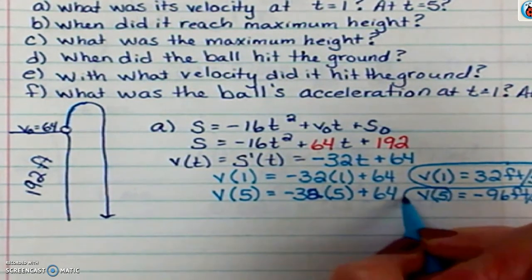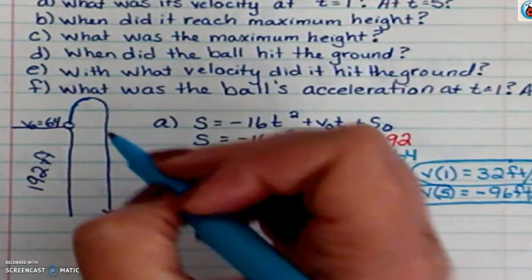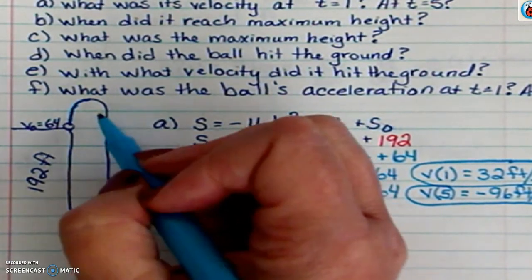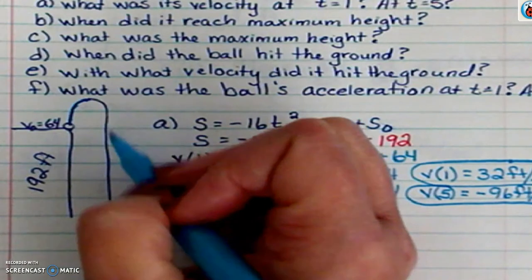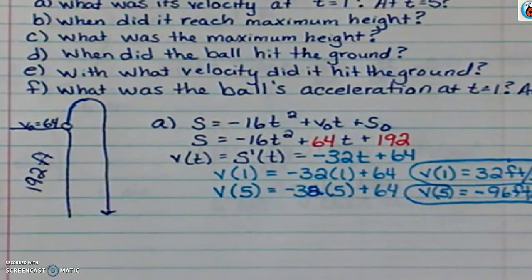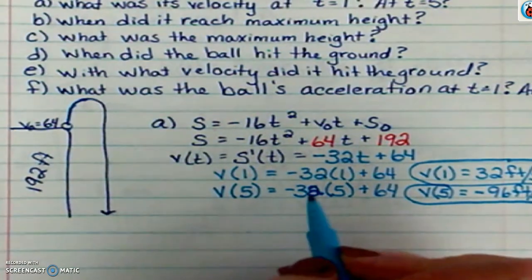The negative just refers to direction, so I know that for part B, my ball has to be somewhere over here where the parabola has started to turn downward. So the ball is falling down after 5 seconds. It reached its peak somewhere between 1 and 5 seconds.